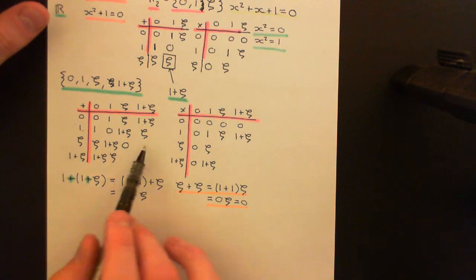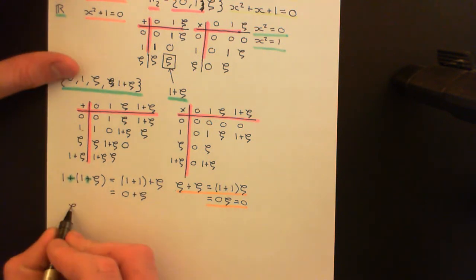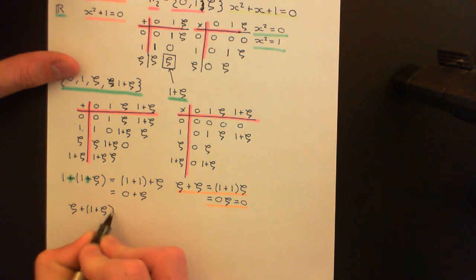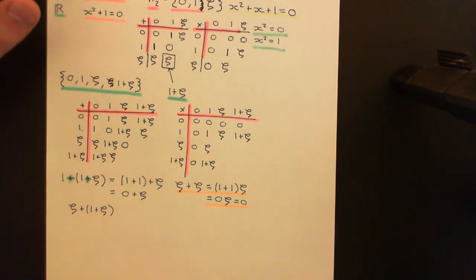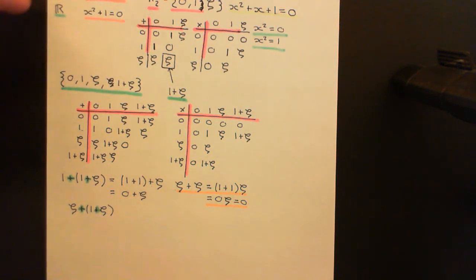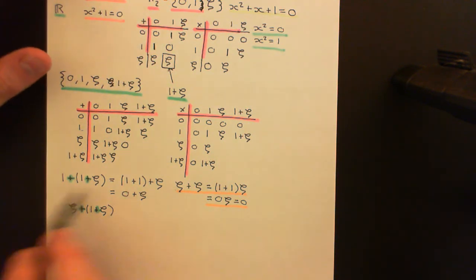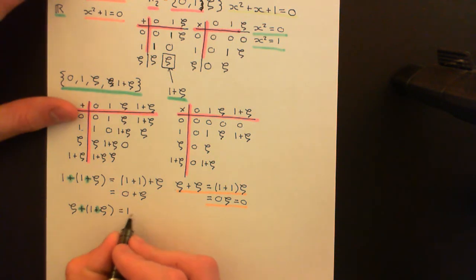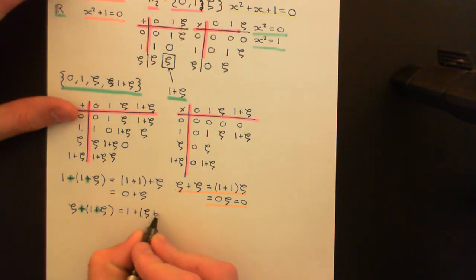Then let's do zeta plus (1 plus zeta). So we're now considering this one here, zeta plus the element 1 plus zeta. And again, we will use the fact that we want addition to obey associativity and commutativity. But firstly, we'll have to use the fact that 1 plus zeta really is 1 plus zeta. So we now view this as all additions, whereas firstly this was just an addition and this was just a symbol. But now we've viewed this as actually being 1 plus zeta. Then we can apply associativity and commutativity of addition to meddle around with this a bit, and we'll easily see that this is equal to 1 plus (zeta plus zeta).